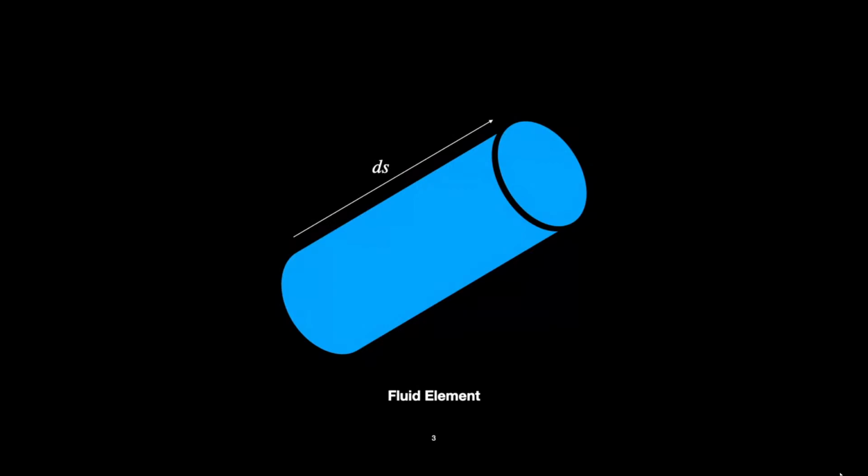So that's what we're going to do here. Nothing too fancy. So we have a fluid element of length ds. We have taken an infinitesimal fluid element. I hope it's clear. The arrow shows a length, and it's ds.